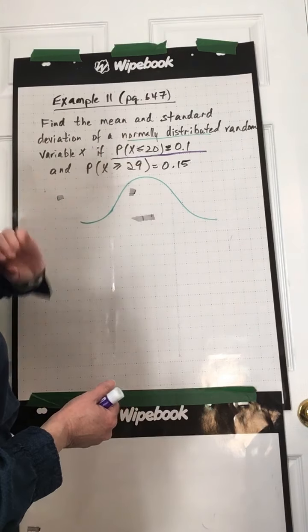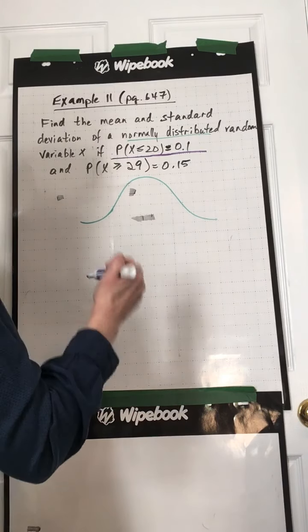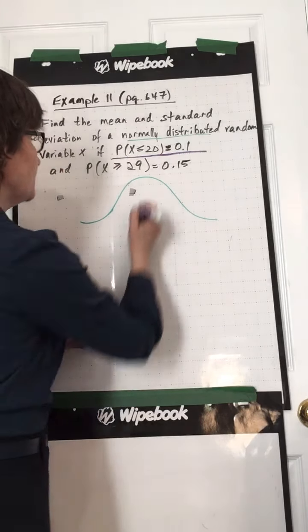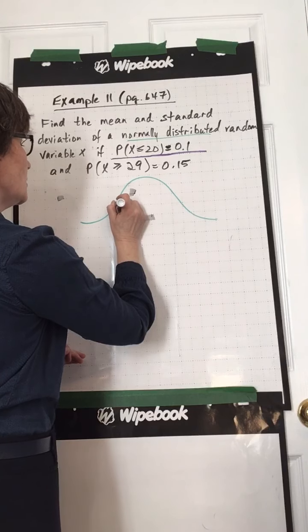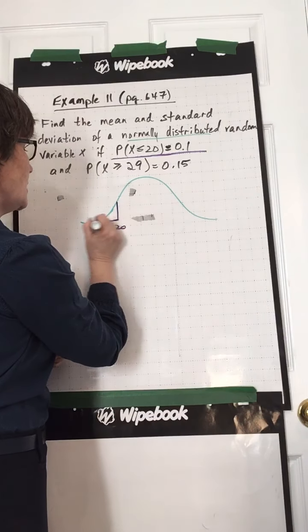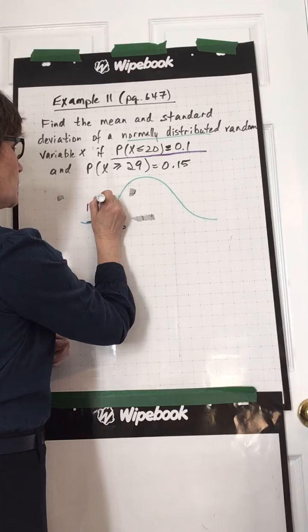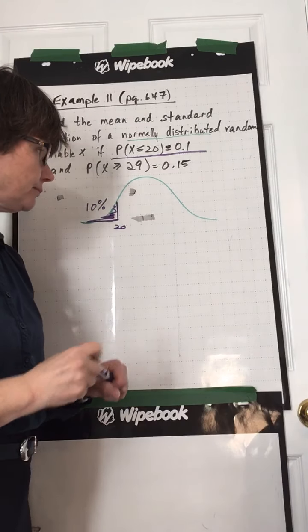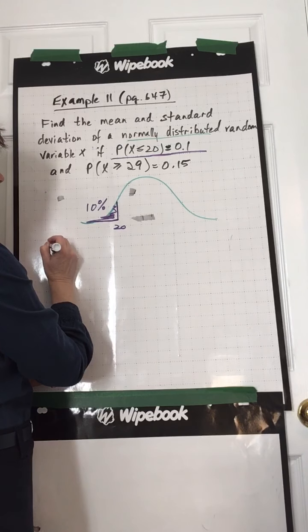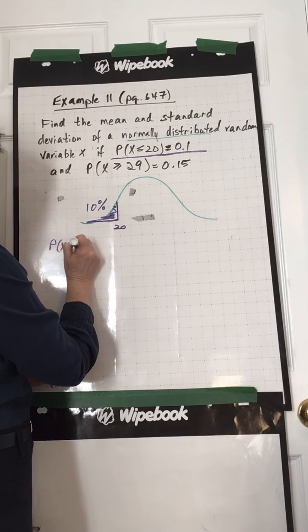All right, so first information we know is this: 10% of the data is below 20. Let's just draw that here. Put a 20 here, and this is 10%. We can handle that.